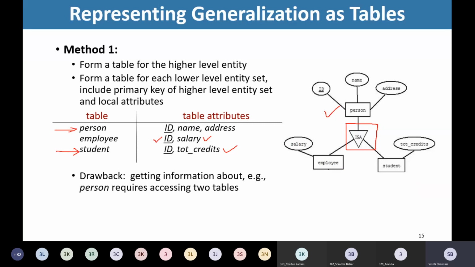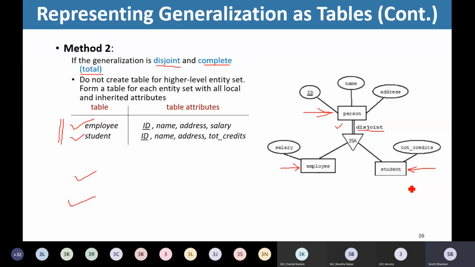In method number 2, instead of a table for the higher level entity set, we created only the tables for the lower level entity sets, and we added all the attributes of the higher level entity set in each of those tables.